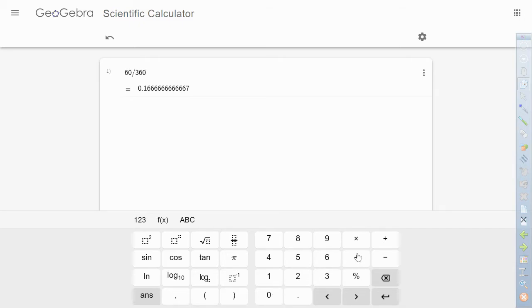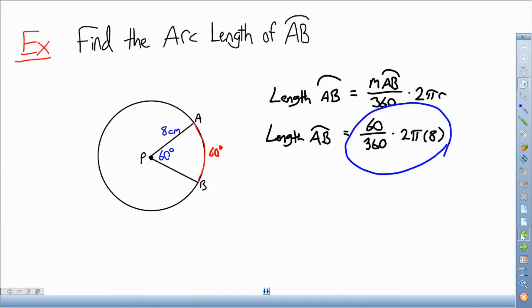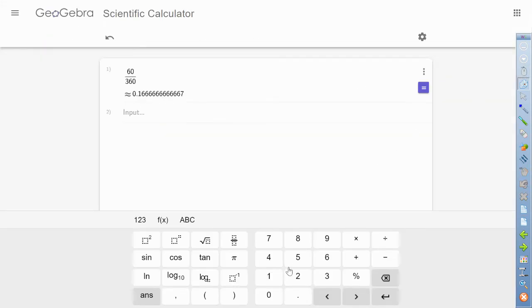From here, times 2 pi 8. Okay, good, this is automatically moving on to the next step and doing 2 times 2 pi 8. And then it looks like we need to press enter on this. What's going on here? Answer? No.